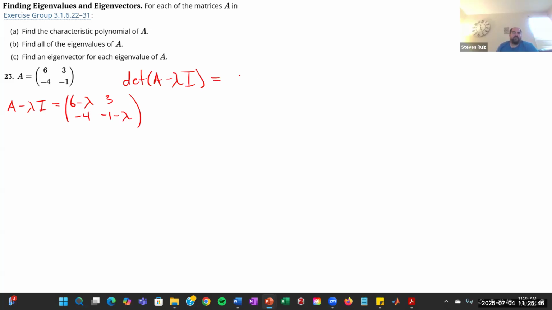So what does the determinant of this matrix look like? We're going to have 6 minus lambda times -1 minus lambda minus -12.